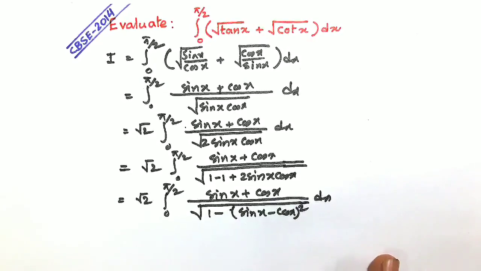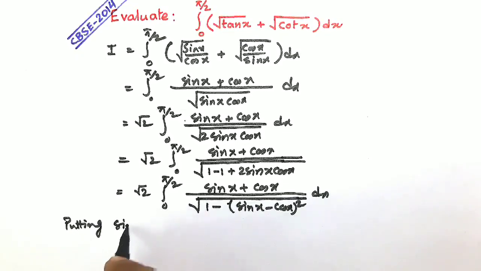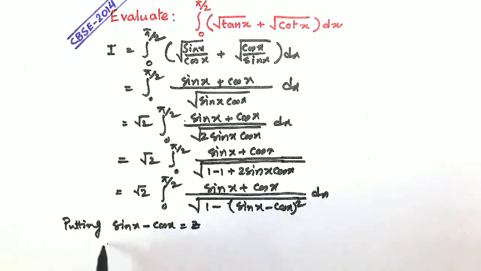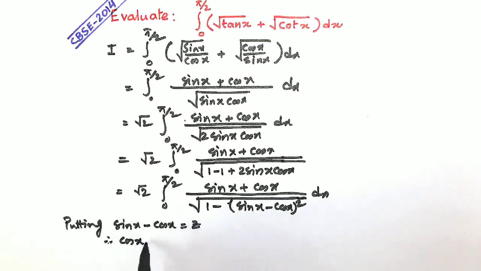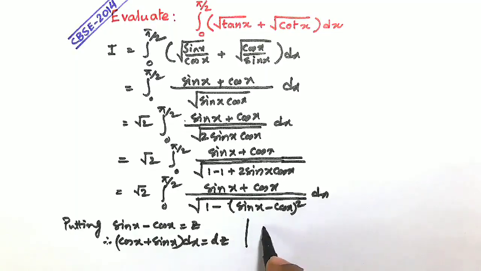Now we shall substitute. Putting sin x minus cos x is equal to t. We get cos x plus sin x dx is equal to dt, isn't it? So we have to change the limit.